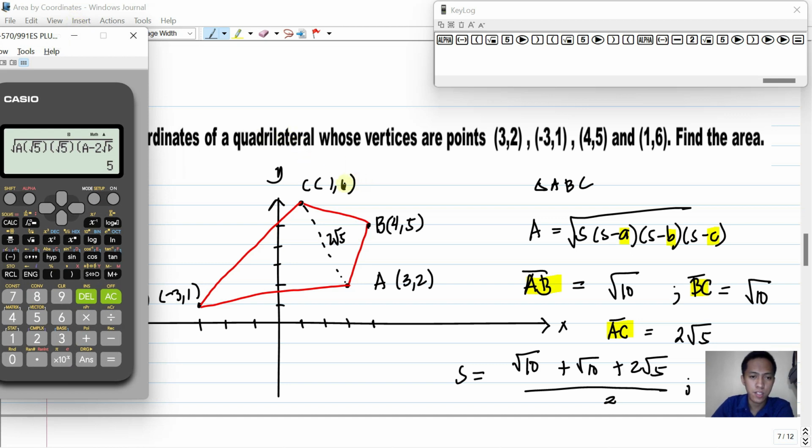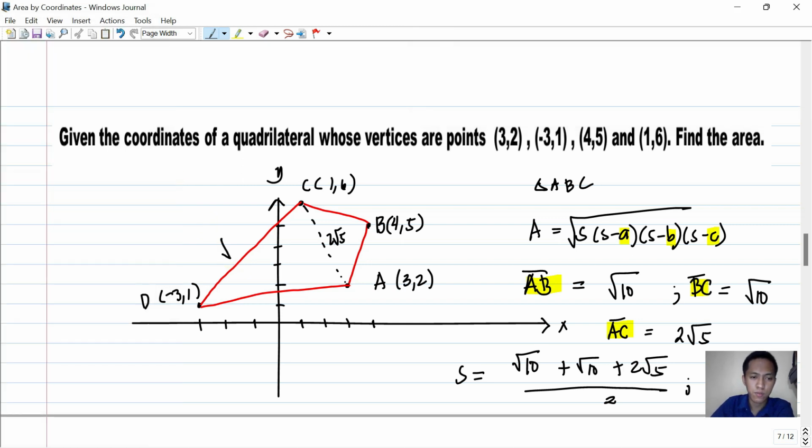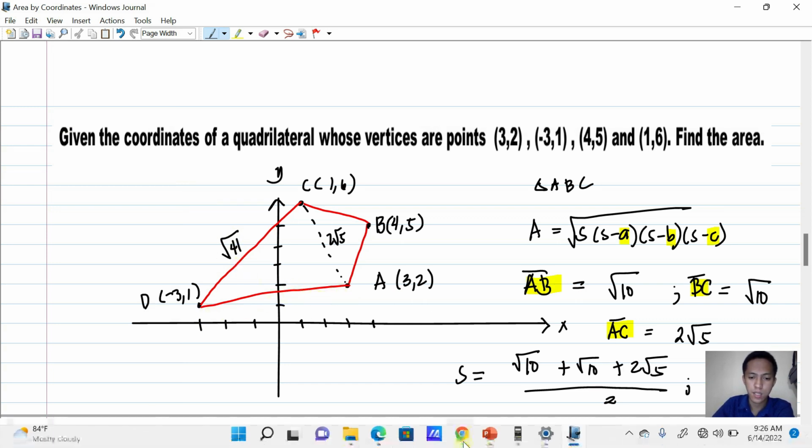Using the distance formula, that is square root of 1 minus negative 3, so x sub 2 minus x sub 1, squared, plus 6 minus 1, so y sub 2 minus y sub 1, squared. So that is square root of 41. What about side AD?